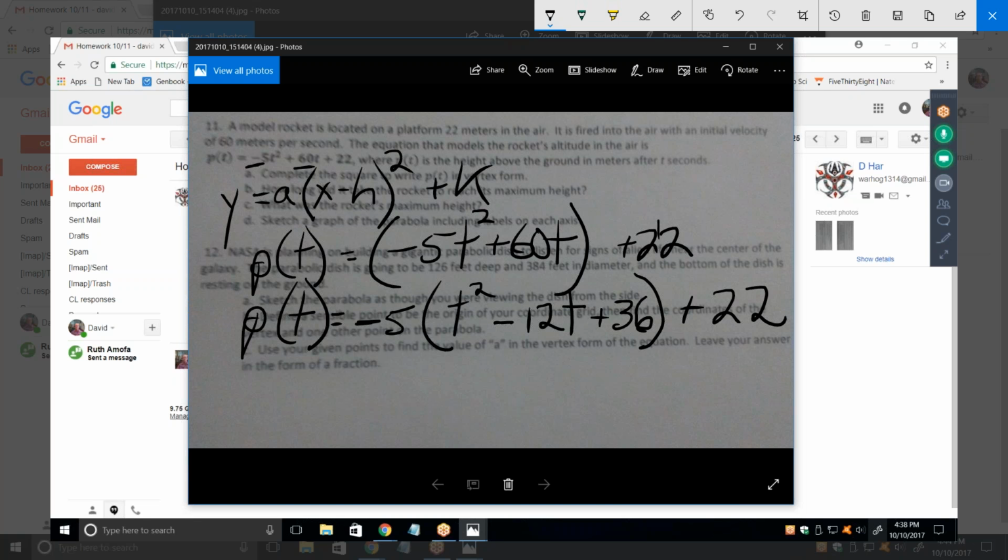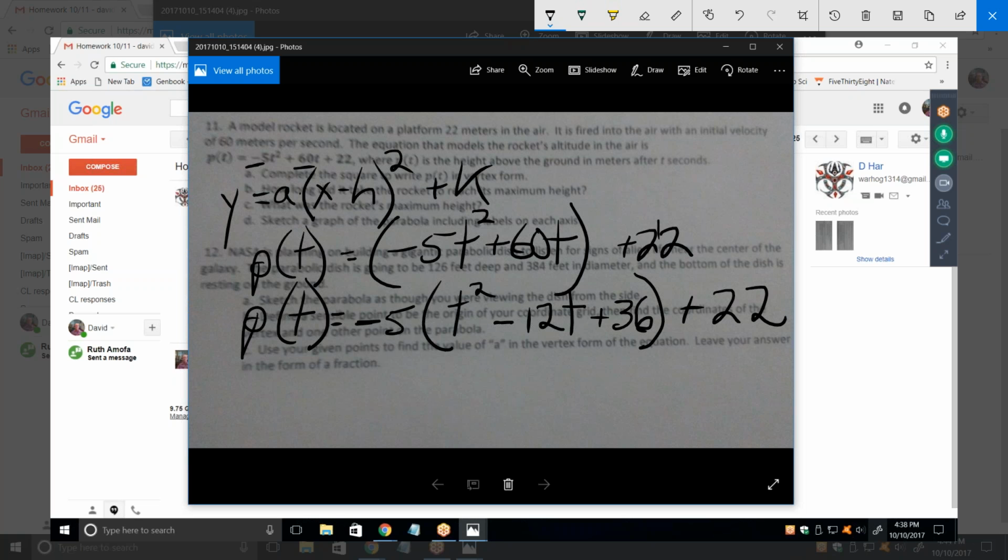In other words, this is no longer the same as the previous row. So what do I have to do? Add 36 to the other side. How much did I actually change the equation by when I wrote 36 in? Negative 5 times 36. Yes. What did I really do?